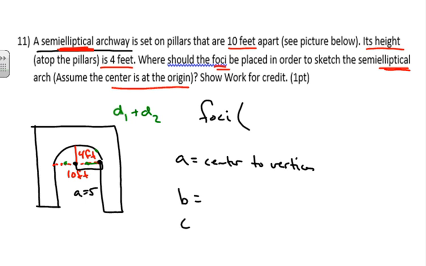Now, B, on the other hand, is the distance from the center to the point on the minor axis. So vertices are on the major axis, and B is the minor axis. So where's the minor axis?